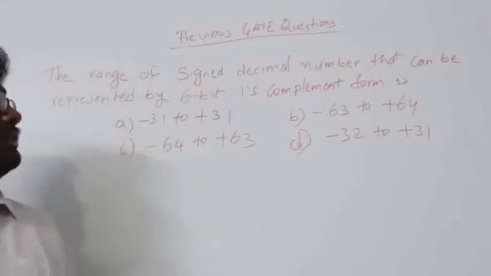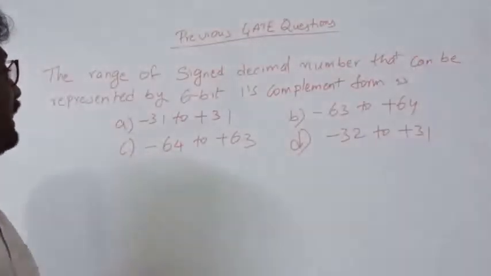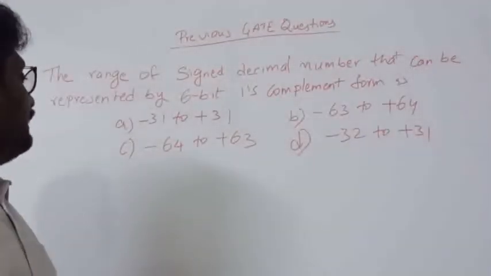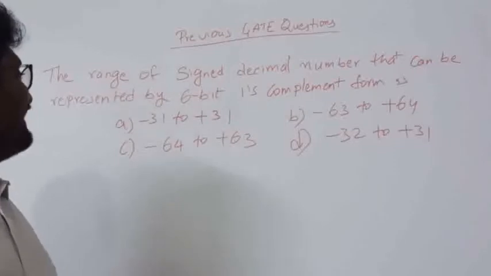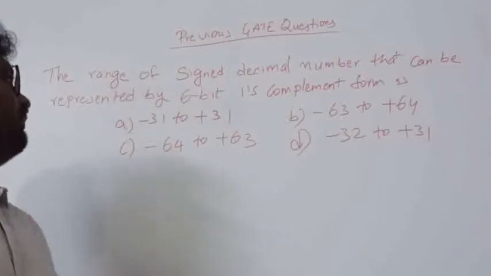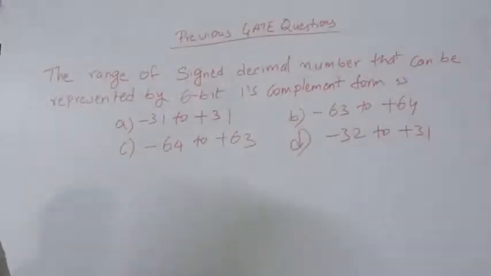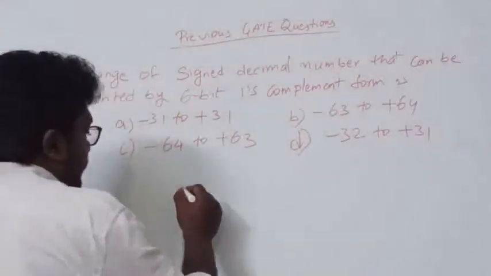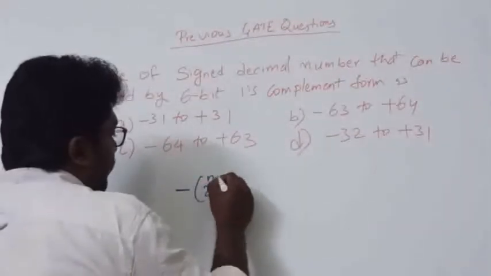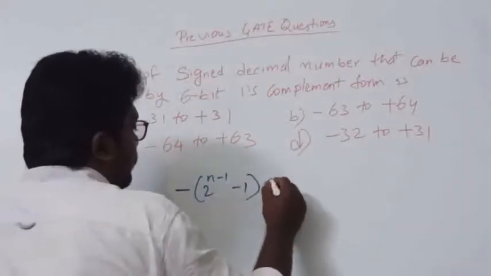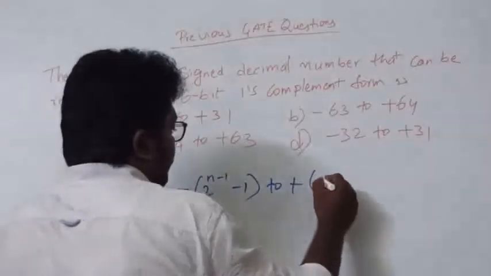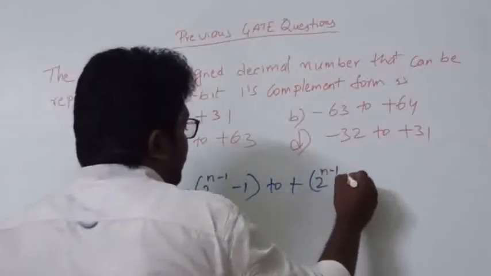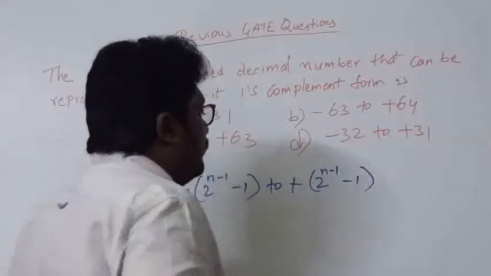Next question is: the range of signed decimal numbers that can be represented by 6-bit 1's complement form is. The range for sign magnitude numbers and 1's complement numbers is minus of 2 power n minus 1, minus 1, to plus 2 power n minus 1, minus 1.